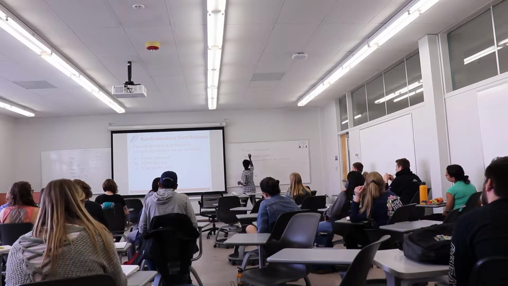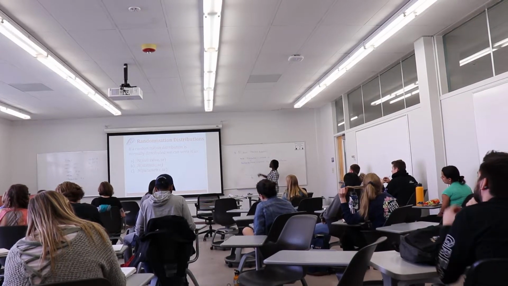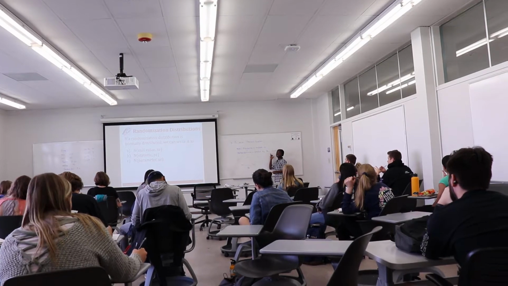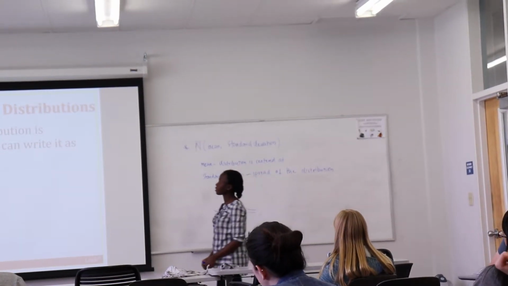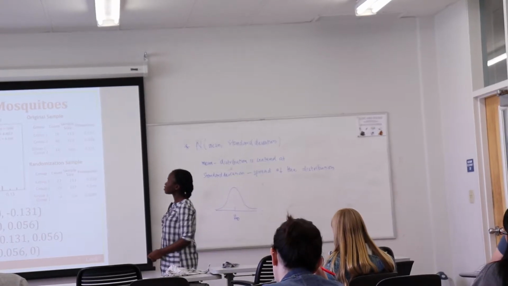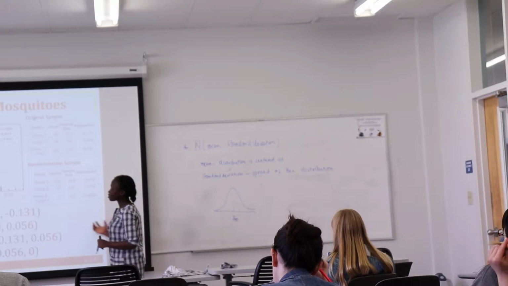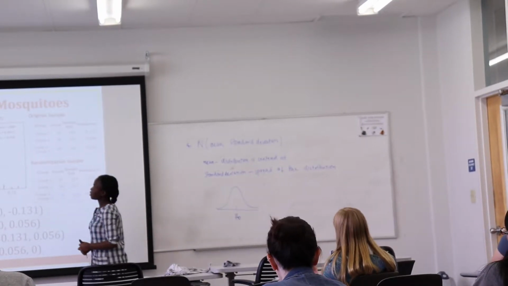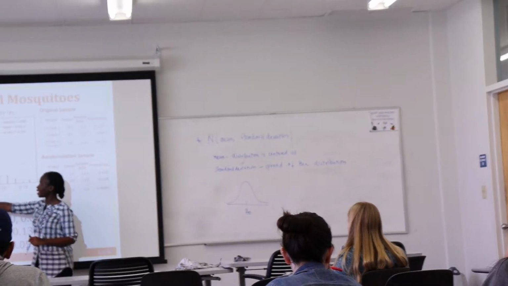This corresponds to what we have here: centered at the mean, where the standard deviation corresponds to the spread of the distribution. Now if we apply this same knowledge to this example, why do we have 0 here?